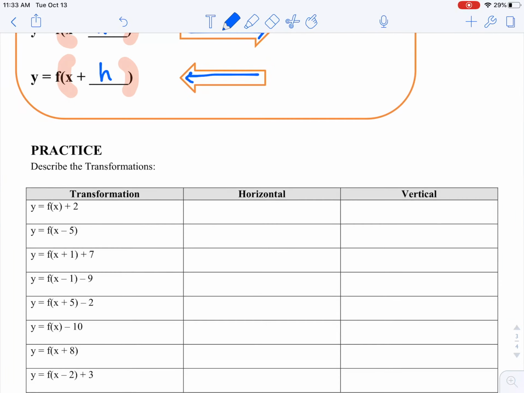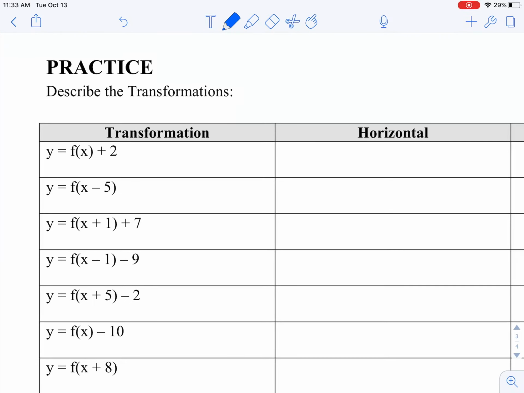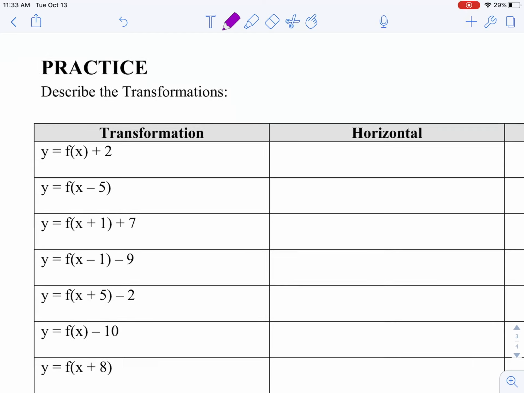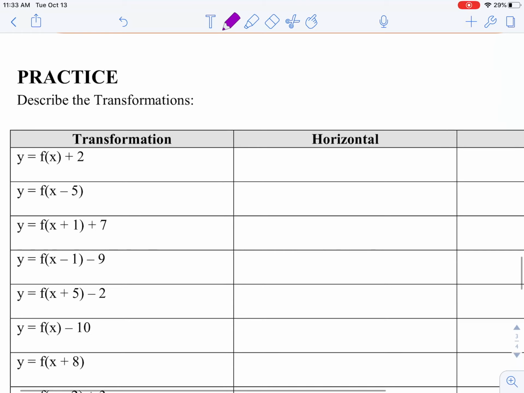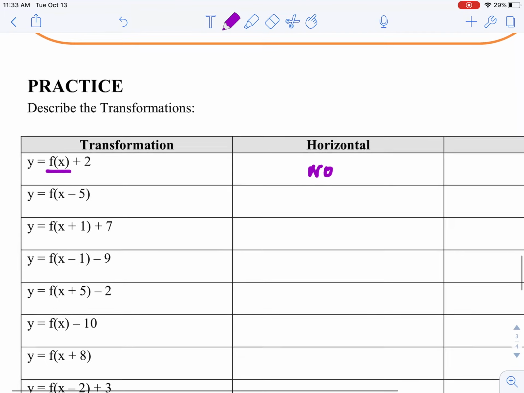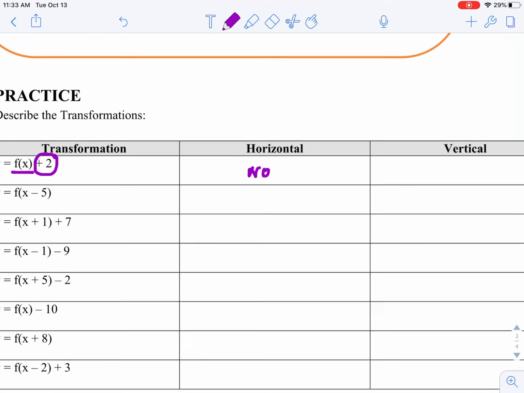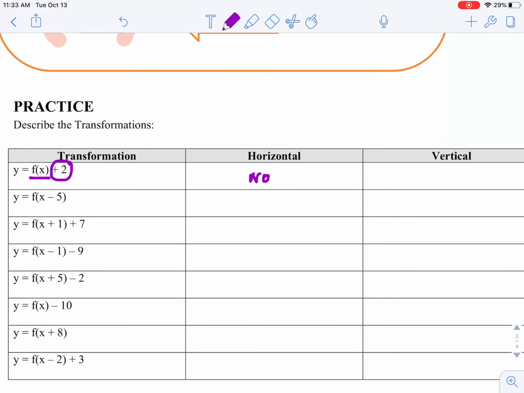So let's do these practice together. Your first example is y equals f of x plus 2. So what I think is, do I have anything in the parentheses? No, so that means I have no horizontal movement. But I do have plus 2 after, which means I am going to go vertically. I'm going to go up 2.